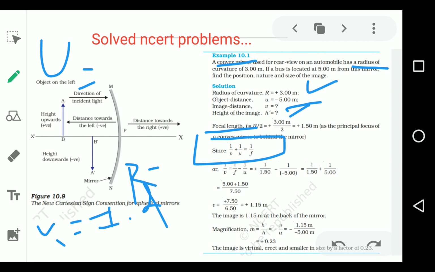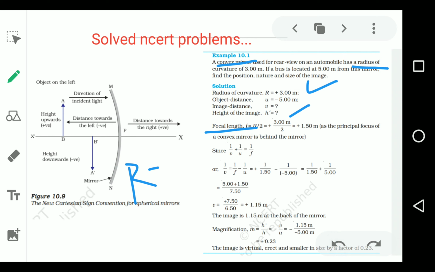Okay, so using the formula 1 by v plus 1 by u equals 1 by f, here there are 3 unknown quantities. Out of this, 2 of them you know: the object distance, that is minus 5 meter, and you have found the focal length, that is plus 1.5 meter. Okay, so put those two values and you can get 1 by v.